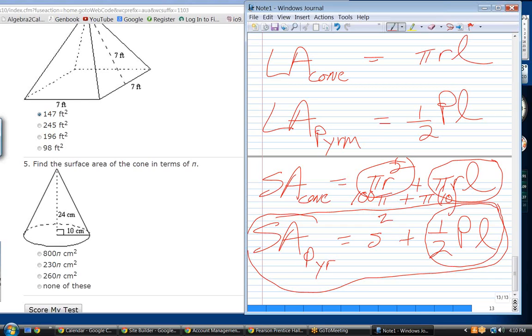Nope, my calculator is having difficulties. 10 squared plus 24 squared equals... Okay, so the hypotenuse is 26. So it's times 26.